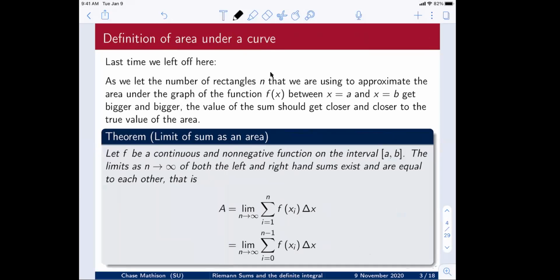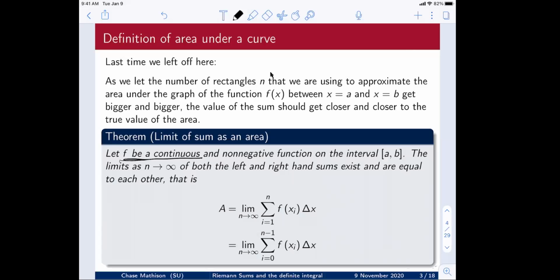As long as f is continuous and non-negative on this interval a to b, so again, that means it lies above the x-axis, then the limit as n approaches infinity of both the left and the right hand sums exist and are equal to each other. And they both are equal to the area under the curve.